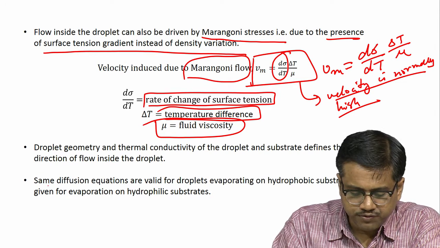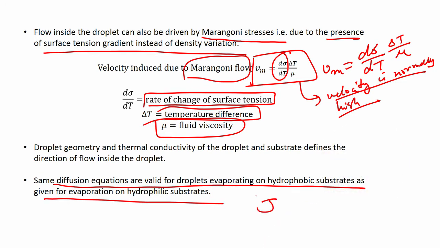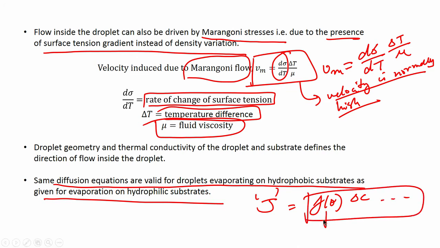So, the same diffusion equations are valid for both cases when you are computing J. Remember, we wrote it in terms of f(θ), delta, surface tension, etc. So, that remains almost the same, except that you factor in the contact angle term. But apart from that, if you try to understand the dynamics, the flow field that is created is very different from that of a hydrophilic droplet.